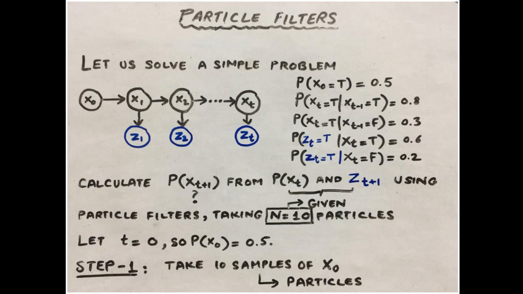By the way, as has been our convention, we are looking at very simple problems where the state variable can only have two values, like true or false, 1 or 0, a binary state variable, and the sensor also has only two values, true or false. So both the state variable and the sensor output variable are binary variables.